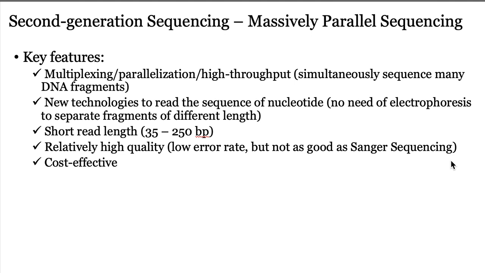And short reads have many problems, especially if we have a very long repeat, your read is not able to read through that repeat. In that case, this read can be assigned to multiple places in the genome. So short reads create a lot of challenges in genome assembly.